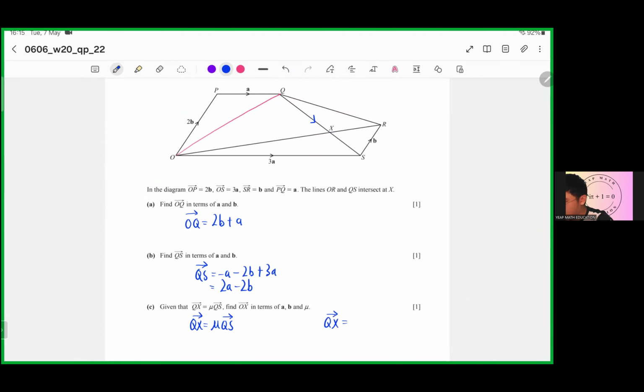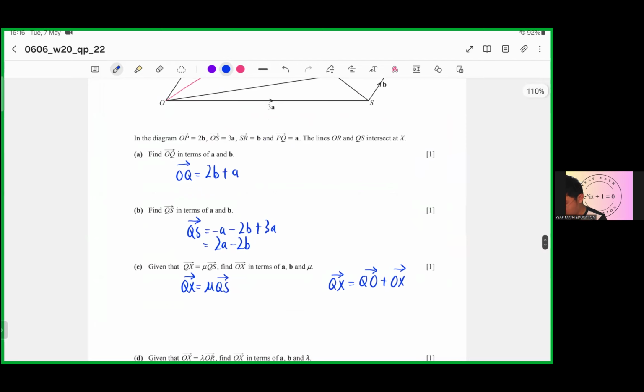QX is equal to QO plus OX. So I can take OX minus OQ equals U QX.